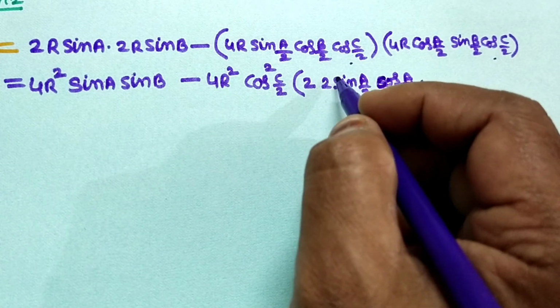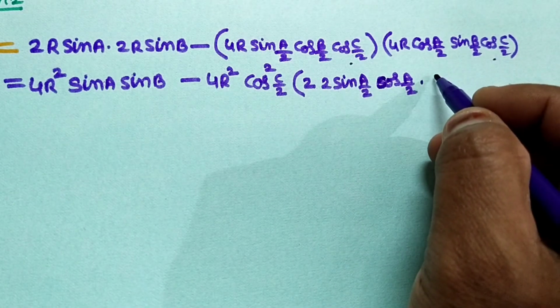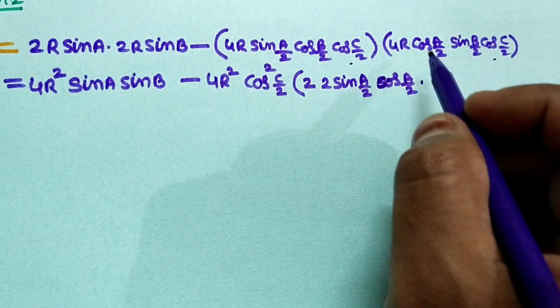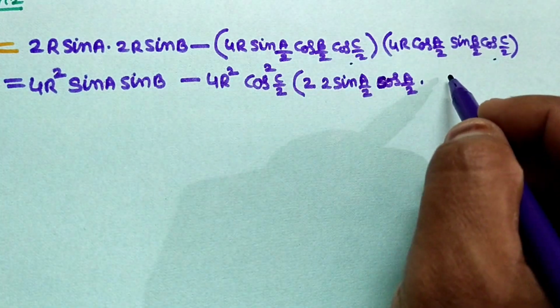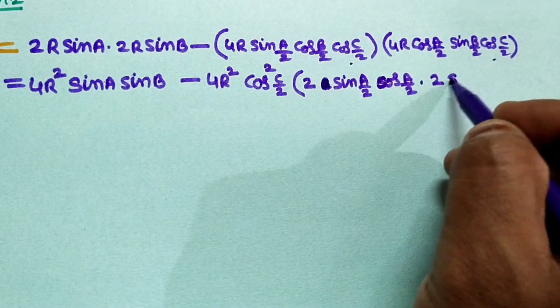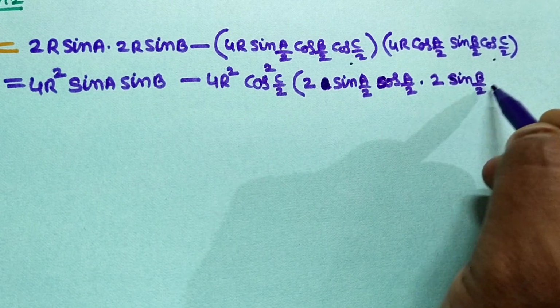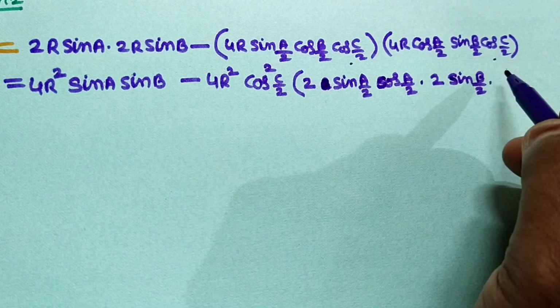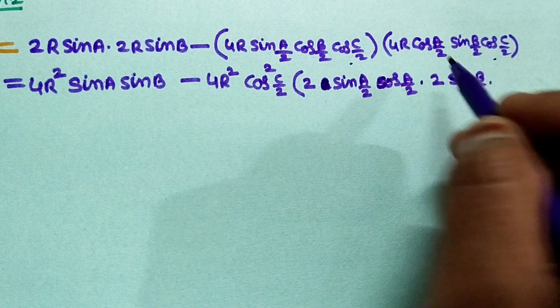Next, sin B by 2, here one of the 2 is no need, 2 is enough. 2 into sin B by 2 into cos B by 2.